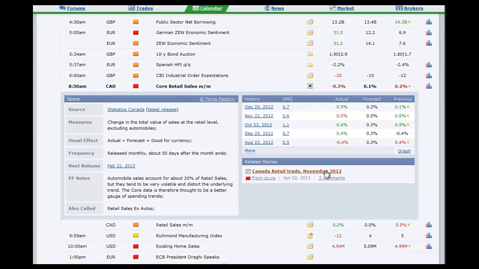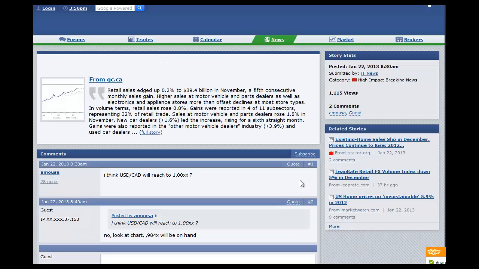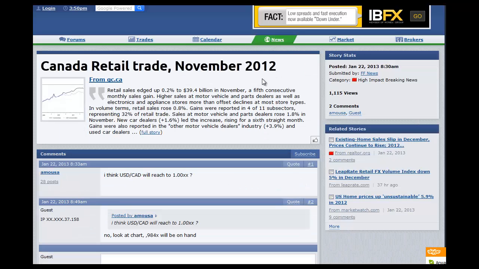I'll open this up, January 22nd, 2013, and this goes back, once they gathered the data, to November 2012 sales. And we note here, very interesting, retail sales edged up 0.2% to 39.4 billion in November, the fifth consecutive monthly sales gain. So what they're looking at here is the continued, consecutive sales, showing that retail sales over the last 5 months have gained.